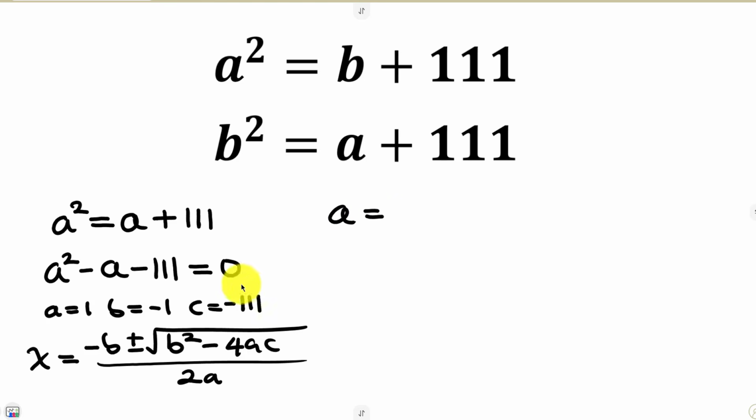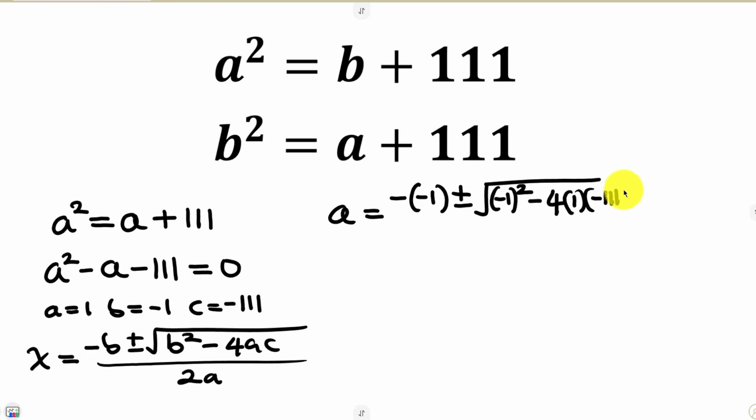So this is equal to negative b, and b here is negative 1, so I'm going to be putting negative of negative 1 here, plus or minus the square root of b squared, so that will be negative 1 squared, minus 4 times a, which is 1, and then times c, which is negative 111. Good. Let me extend this a little. So all over 2 times a, that is 2 times 1.